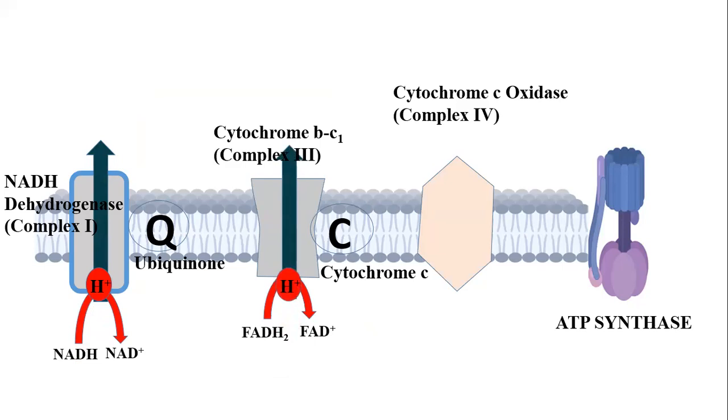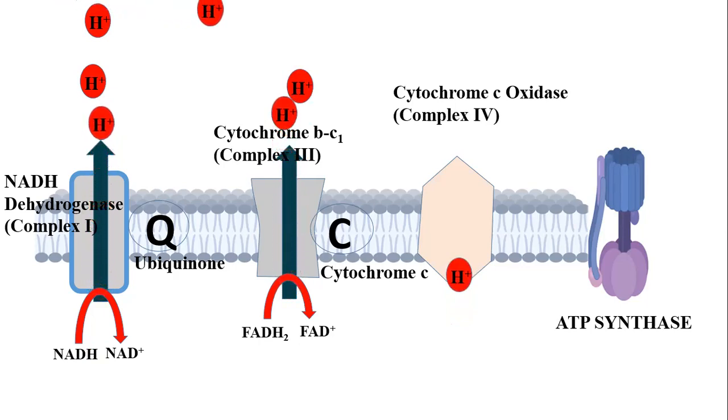And after doing this, the hydrogen ion or proton actually moves across the complex or the complexes, as the case may be, into the intermembrane space from the matrix. Okay, and when this happens, we now have a number of protons being generated and also being moved from the matrix into the intermembrane space.